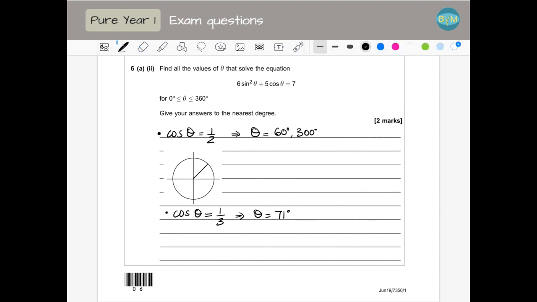We look for the same cos, so our angle is going to be 360 minus 71, the symmetrical one, and that is 289 degrees. So these are my solutions to the nearest degree for this equation.